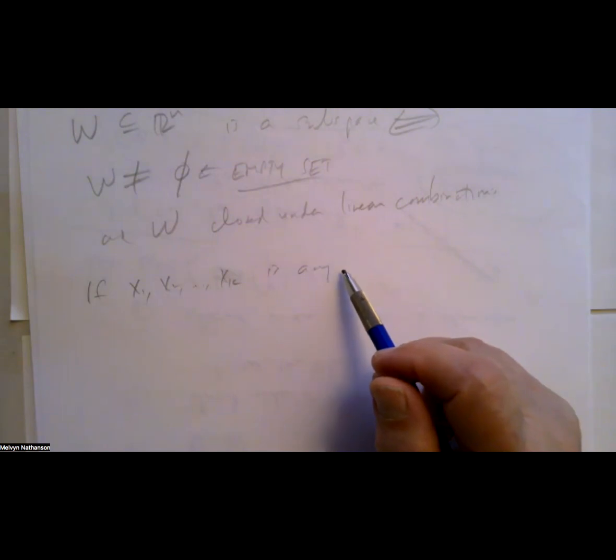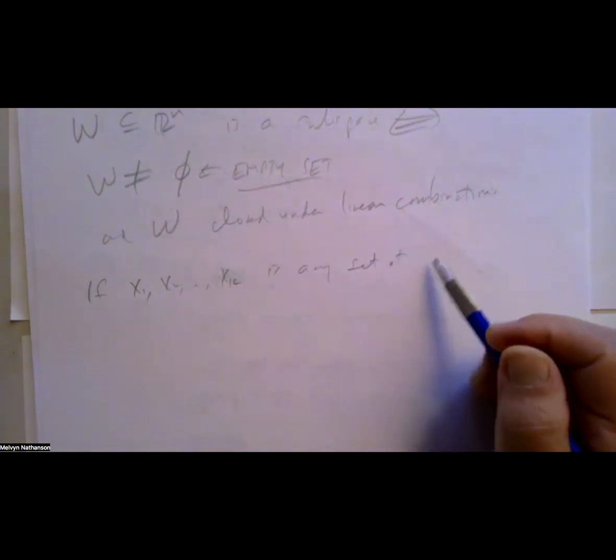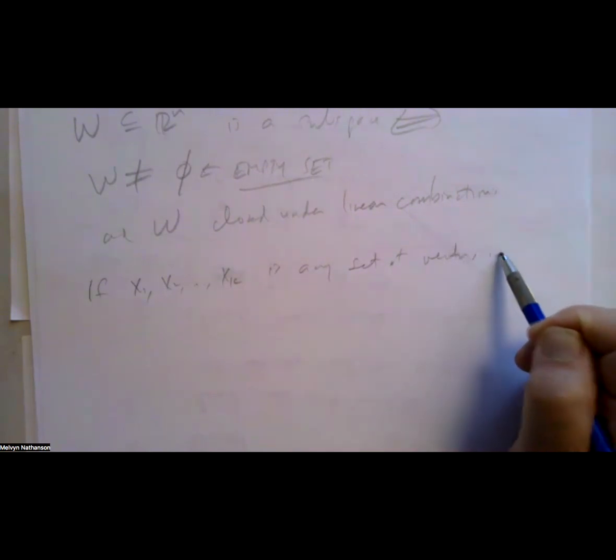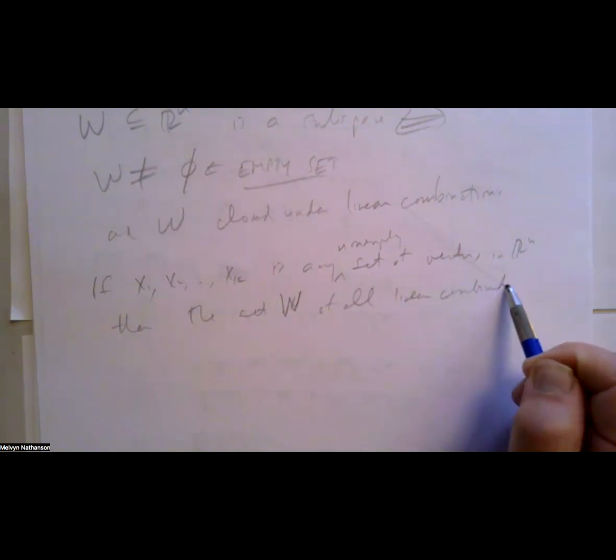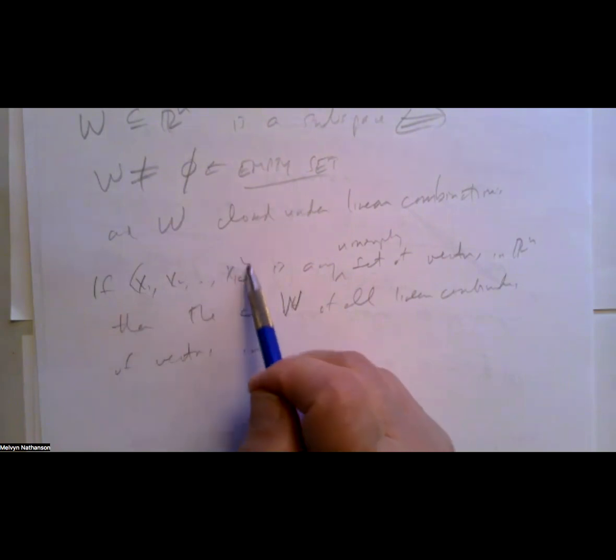And conversely, if x1, x2 up to xk is any non-empty set of vectors in Rn, there's at least one vector, then the set of all linear combinations of vectors, let me call this set S just to give it a name.